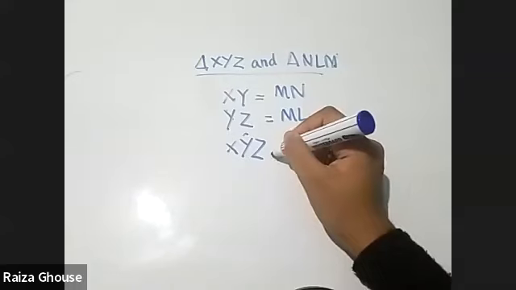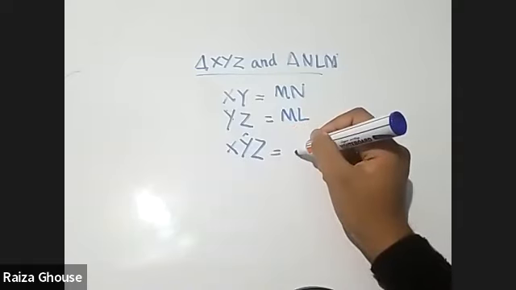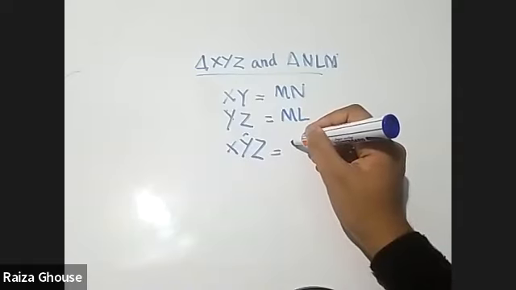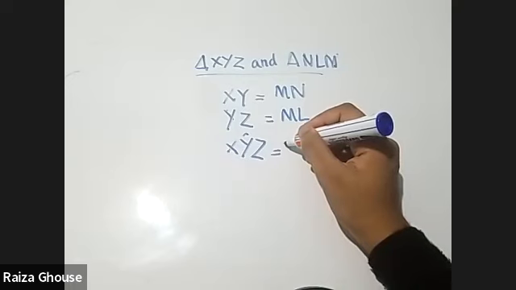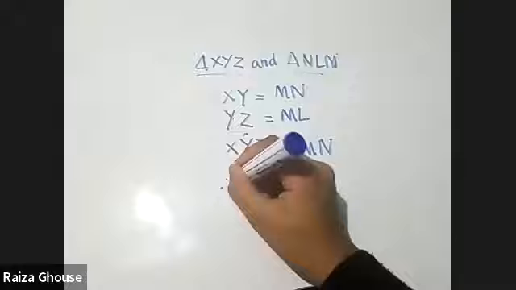The angle at Y is provided as 90 degrees. It is equal to which one? LMN. Correct. Now you can write therefore LMN.